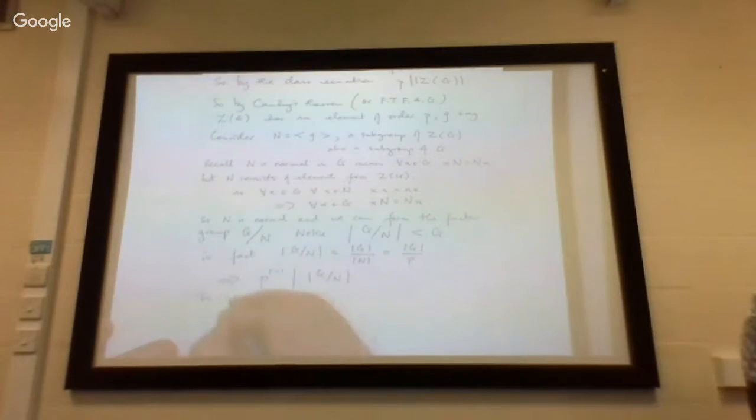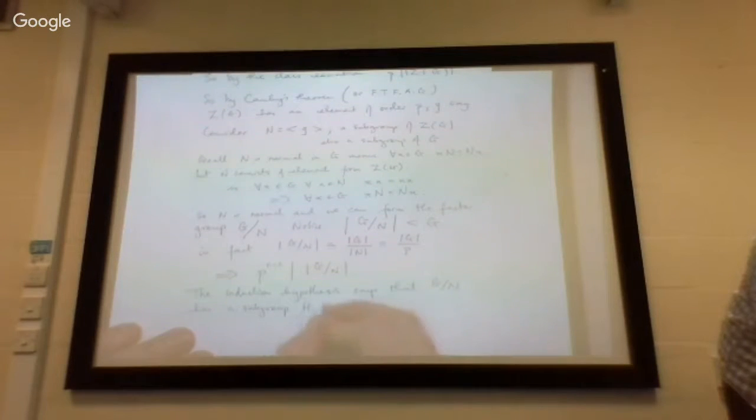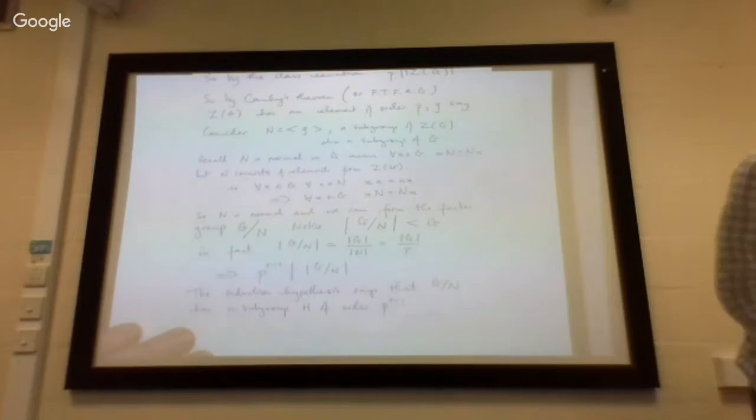So the induction hypothesis says that this factor group has a subgroup, he calls it H, of order p to the r minus 1.